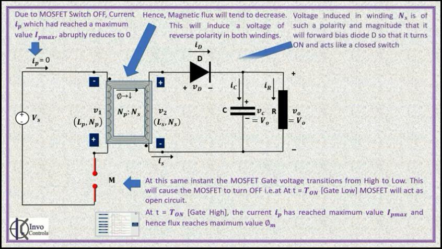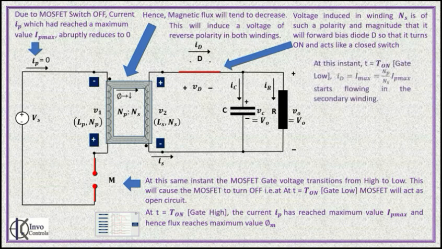The voltage induced in the secondary winding Ns will be of such a magnitude and polarity that it will effectively forward bias the diode D. Hence, the diode D will act like a closed switch. This will cause a current Imax to flow into the secondary at the instant t equal to T on gate low.